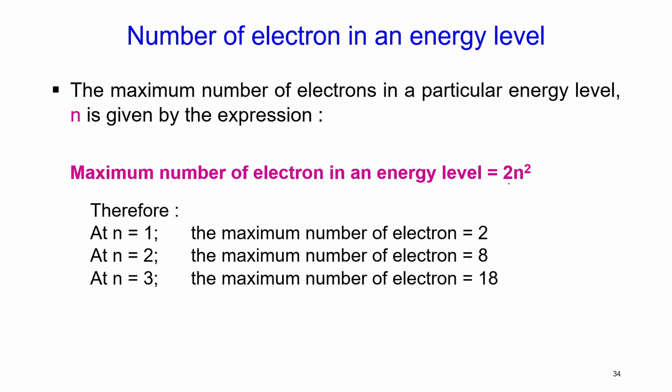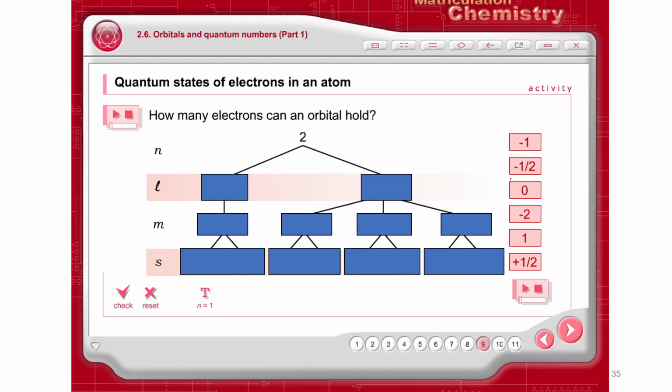Kalau 2n2, 2 square is 4, 2 times 4 is 8, okay. Kalau 3, okay, 2 times 3 square, okay, 3 square 9, 9 kali 2, 18, okay, alright.